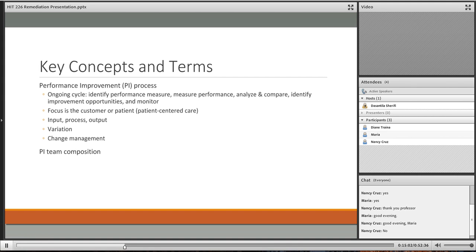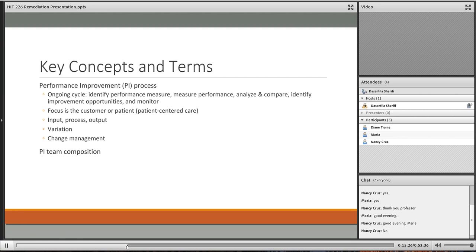Okay. In every PI process, chances are that you're going to have teams, whether it's a clinician team or if it's a coding project or an EHR project, you're going to have people from different areas, including HIT or coders or people from IT, physicians, nurses, all of those. So you want to pay attention to the composition.